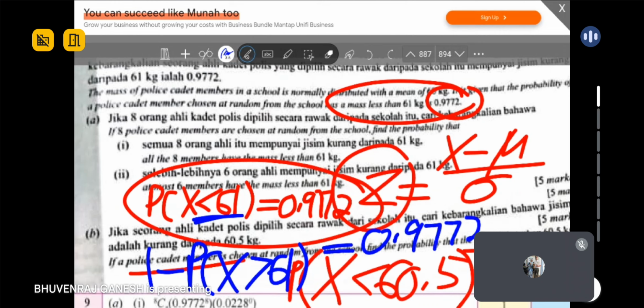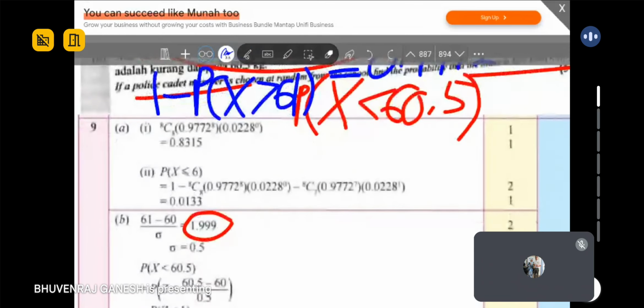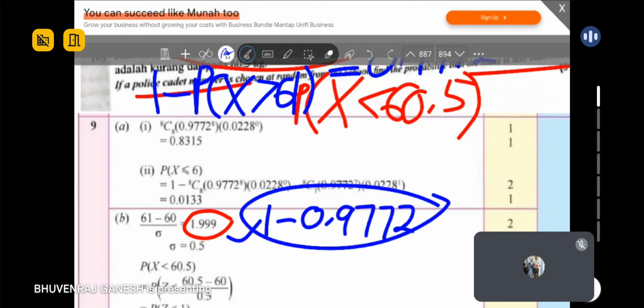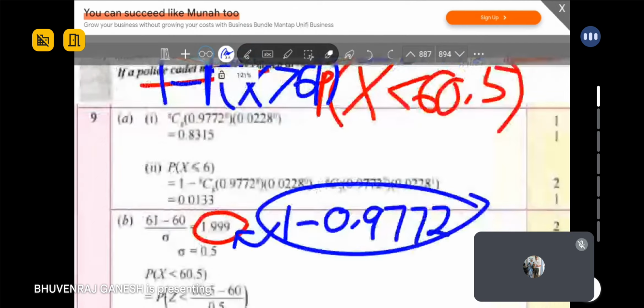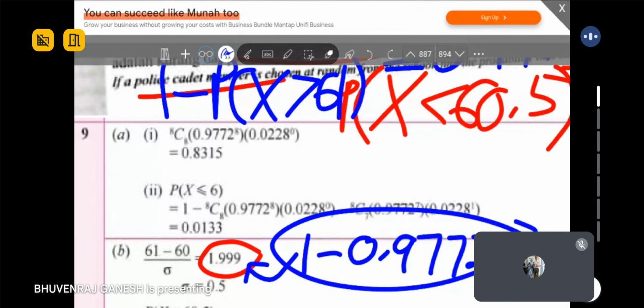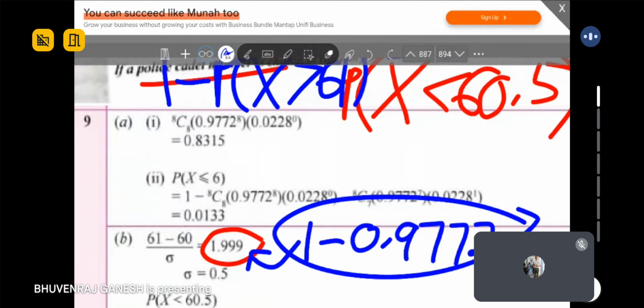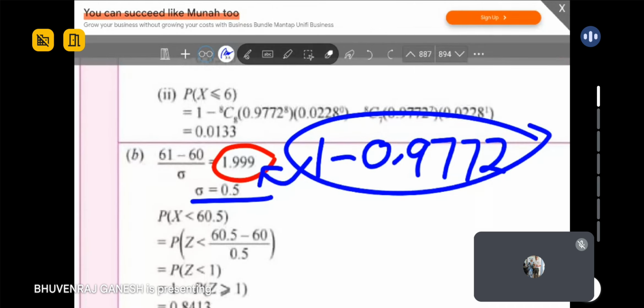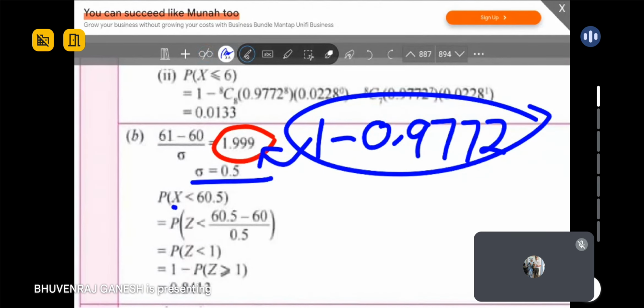You take 1 minus 0.9772, then read the table. This probability will give you this Z-score. You can refer to the table. For Z-score just read to the right. Yes, correct. Then you solve the equation and you will get sigma. And then find this value, probability X less than 60.5.